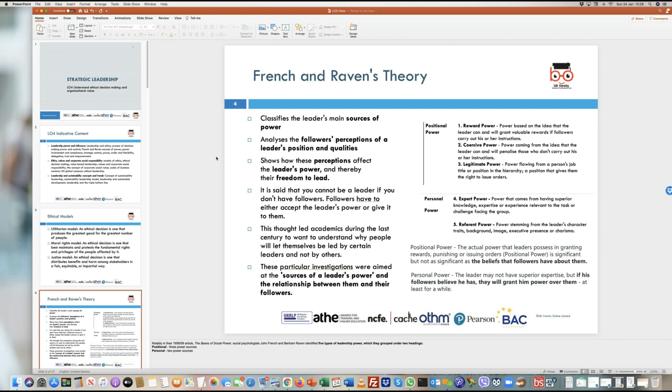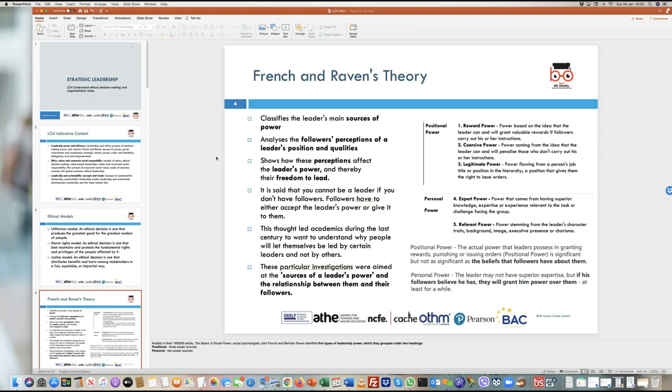or leads the organization was studied in research done by French and Raven in the 1950s. They proposed a model that there are different sources of power when you are in a leadership position, and these sources of power can be exercised in different ways, which can lead to different outcomes within the organization.